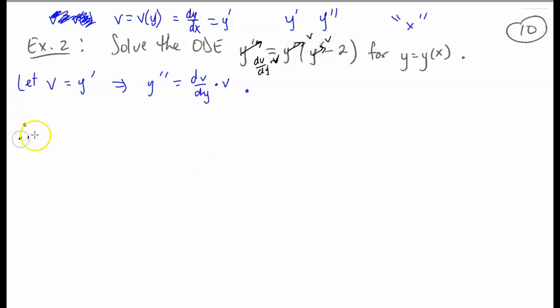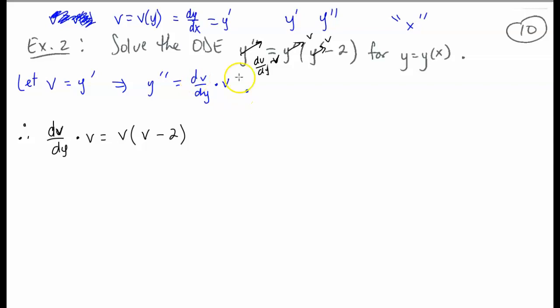So therefore my equation is now going to look like dv over dy times v equals v times (v minus 2), okay?